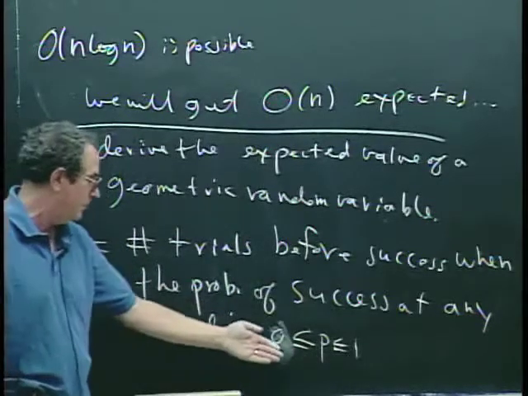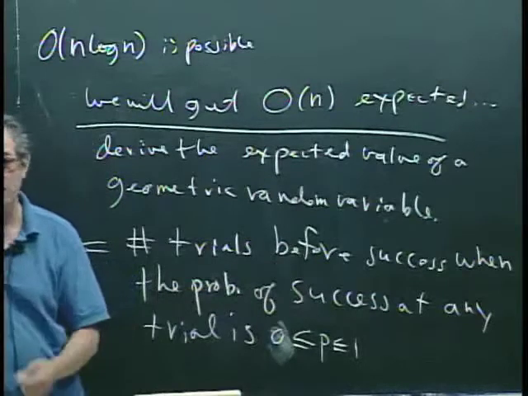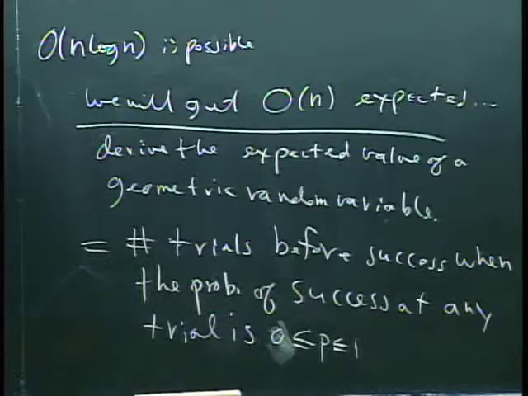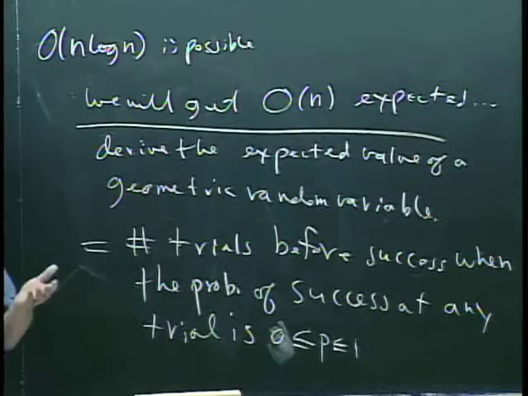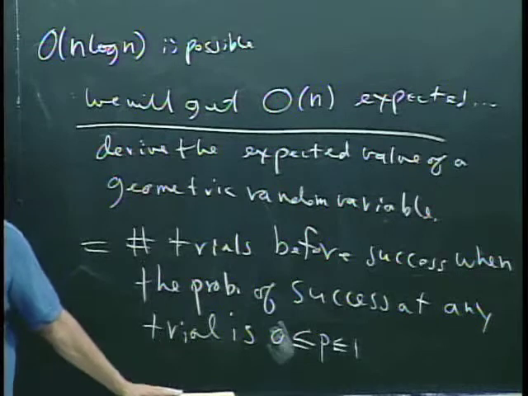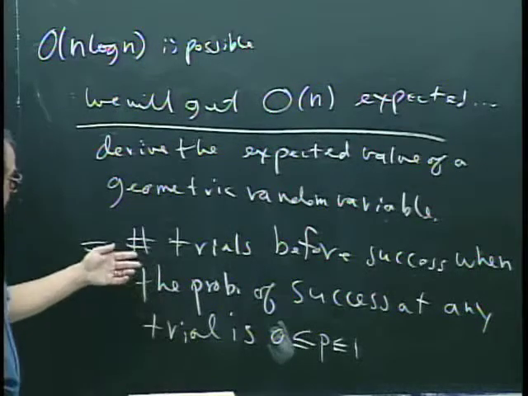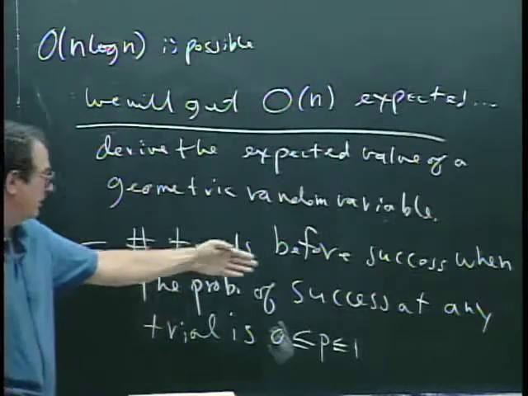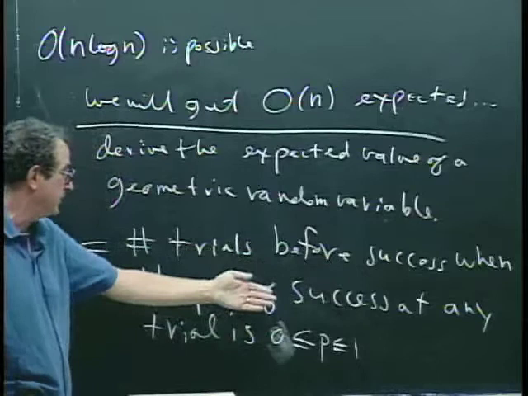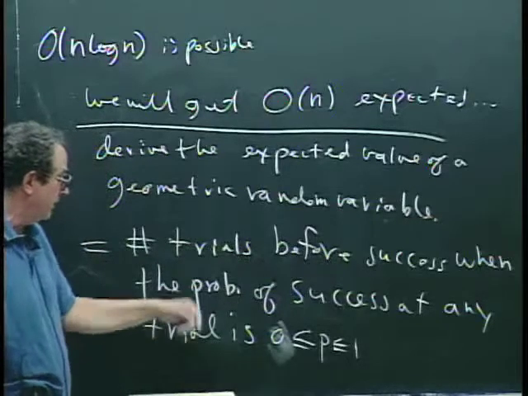As an example of this, suppose I take a coin and I flip it. If it comes up heads, that's success. If it comes up tails, that's failure. If the coin is a fair coin, what is p in that case? p is a half. I flip a fair coin, with probability of a half it comes up heads, and probability of a half it comes up tails, and I can look at the number of trials done before success when the probability of success at any trial, any coin flip, is a half.